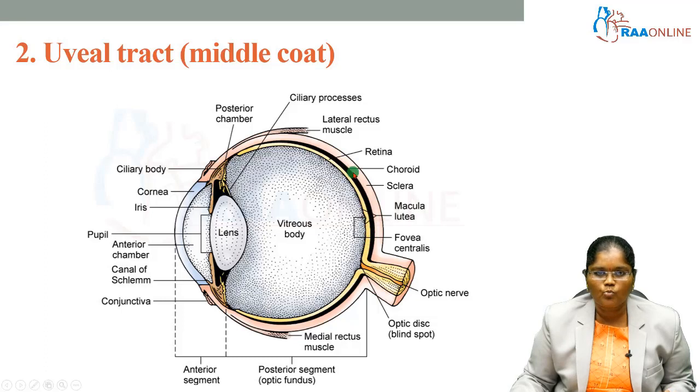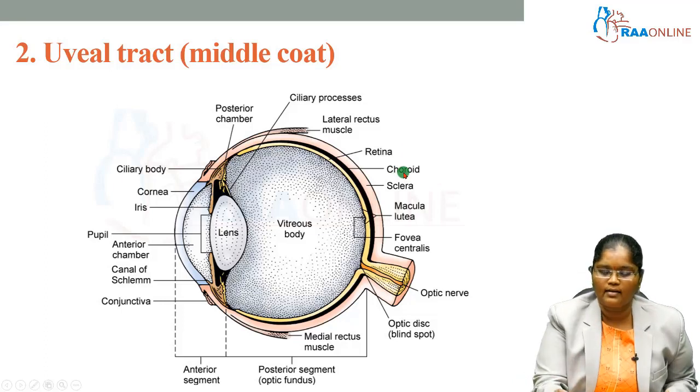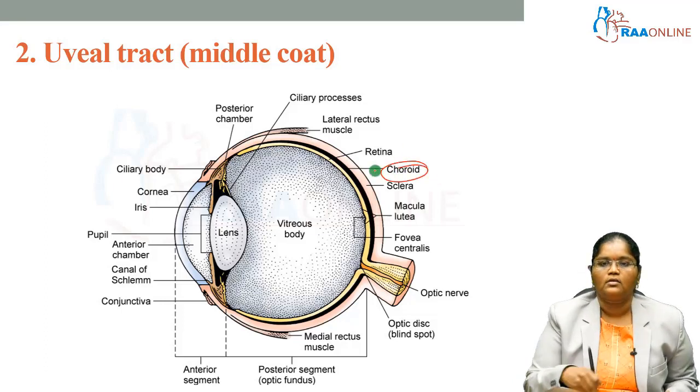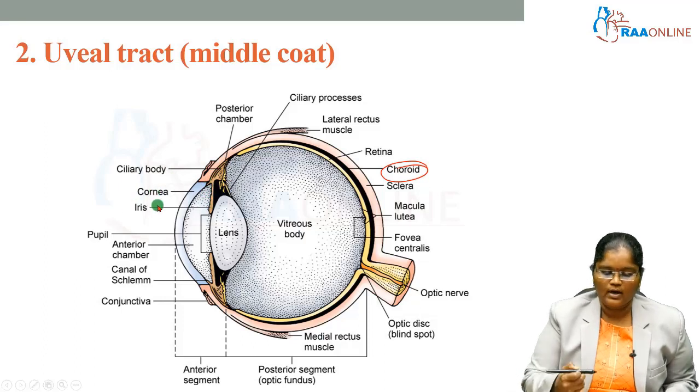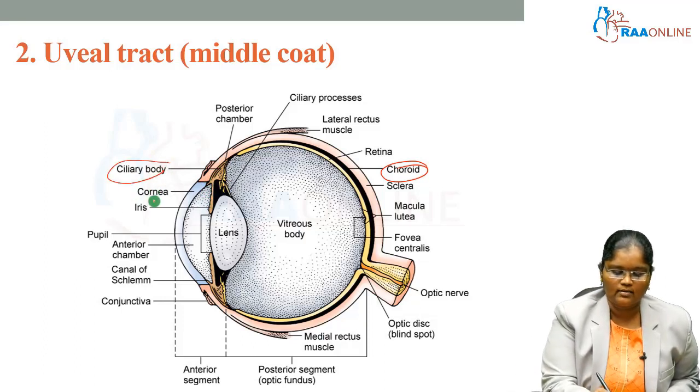The posterior most part, which corresponds with the sclera, is the choroid. The black line represents the choroid. Anterior to the choroid is a muscle layer called the ciliary body, and then anterior to it is a projection of another muscle layer called the iris.